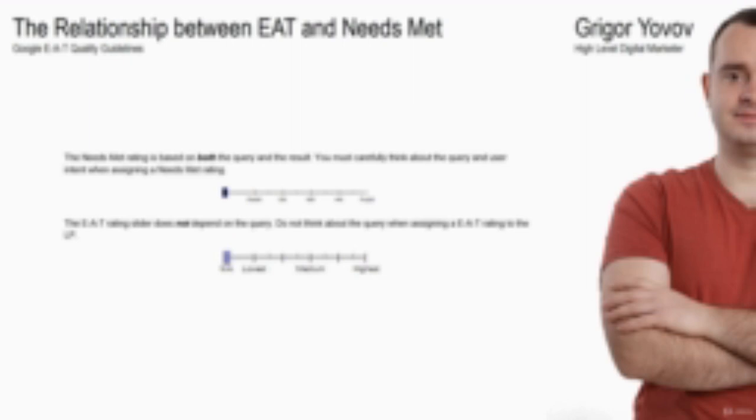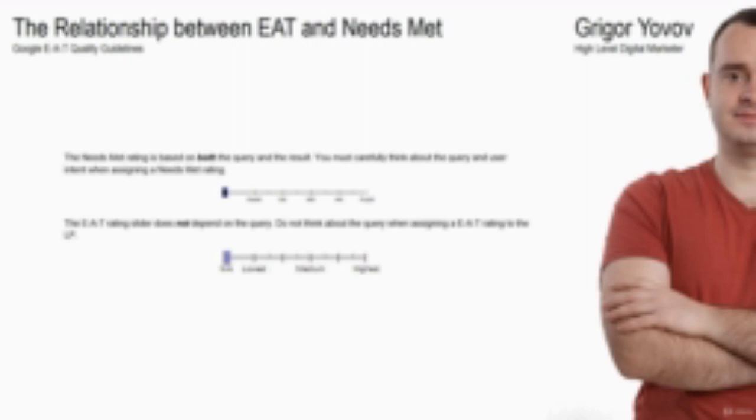the needs met scale. First, useless results should always be rated as fails to meet expectations of the people that search in the search engine, even if the landing page has a high EAT rating, just because the useless is useless.